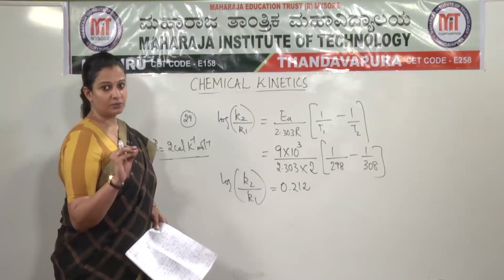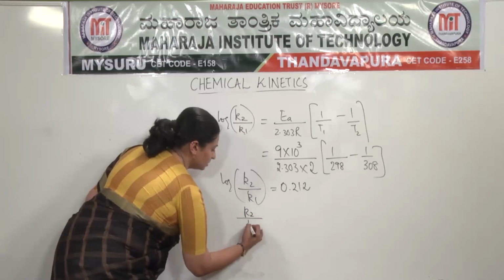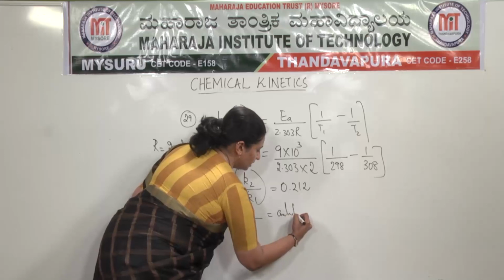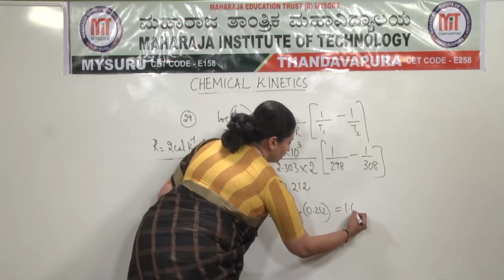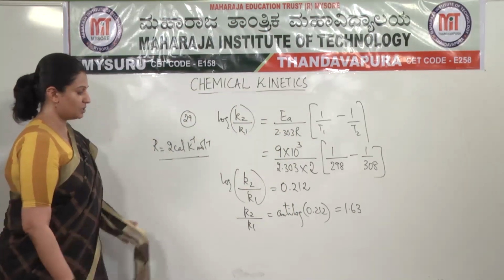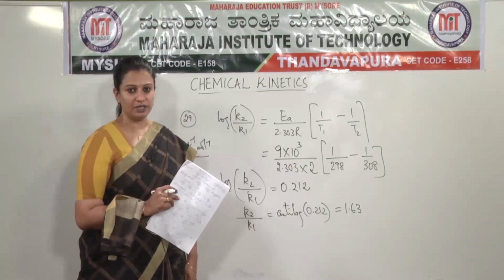Antilogs for all of these problems will be given in the question itself. So K2 by K1 is equal to antilog of 0.212, which turns out to be 1.63. It will be given as part of the question, so don't worry about it.